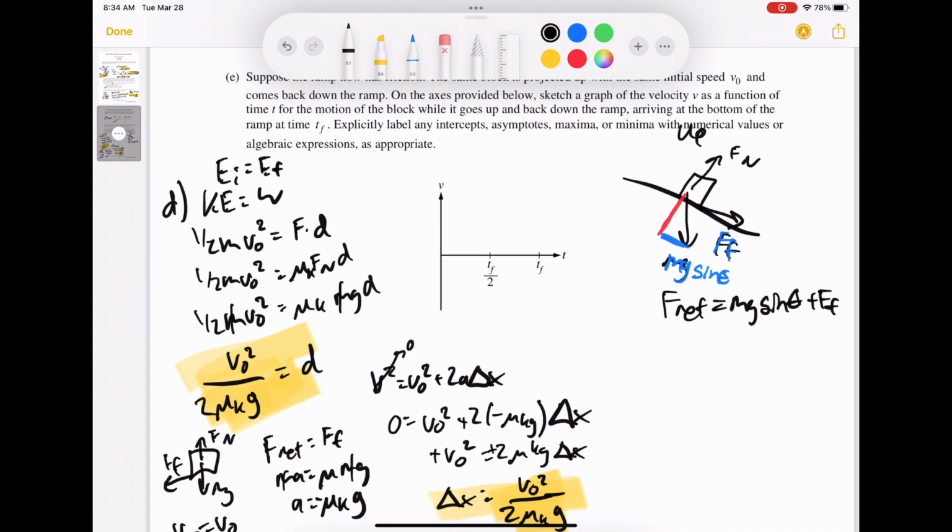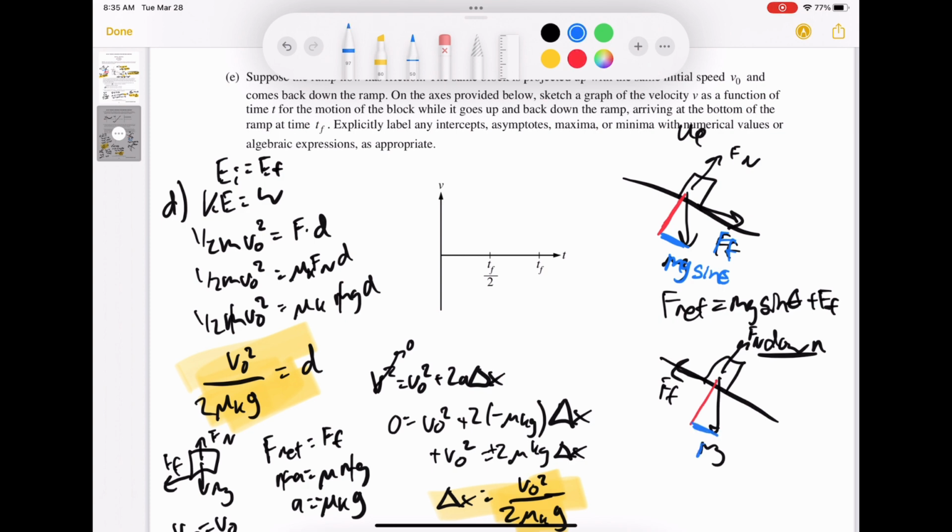Now, as I'm going down the inclined plane, let's draw that free body diagram. So I still have my box, I still have my mg straight down, I have fn to the right, but now since I'm going down the inclined plane, my ff is actually going to be up the inclined plane, right? It's going the opposite direction of motion here. And so once again, I split mg into components.